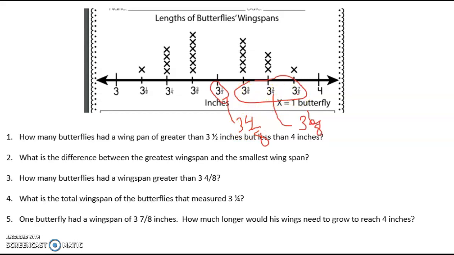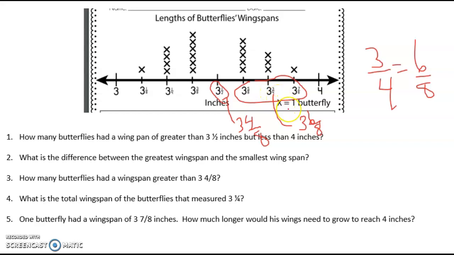So 3/4 and 6/8, they must be what? That's right, they must be equal. In order for that to work, those fractions must be equivalent, 3/4 and 6/8, or else you would not be allowed to put that there. Okay?